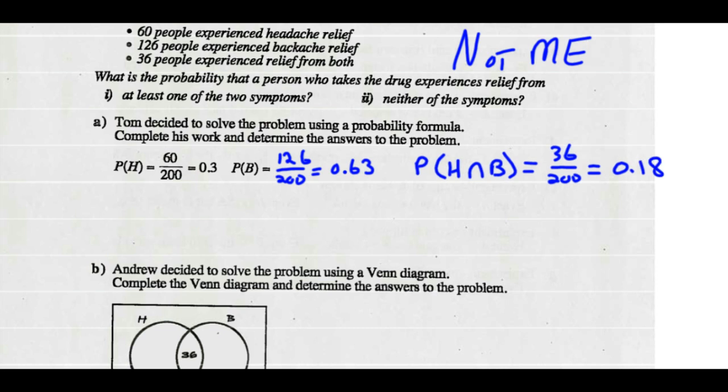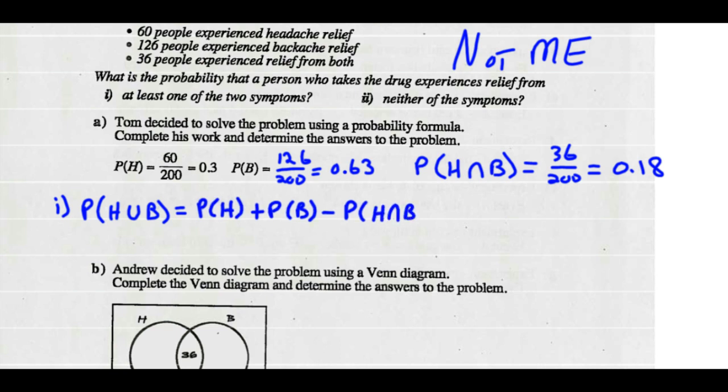Great. Now if we do part 1, at least one of the two symptoms. What's the probability that you're going to have relief from at least one of the two? So that's the probability of headache or backache. They are not mutually exclusive. So that should be the formula: probability of a headache plus the probability of relief from the backache minus the probability from the headache and the backache.